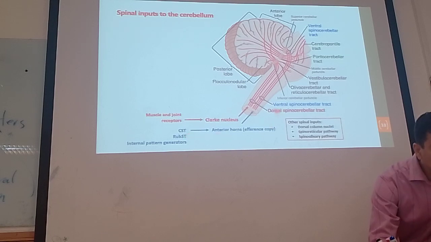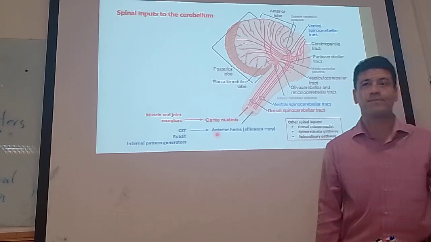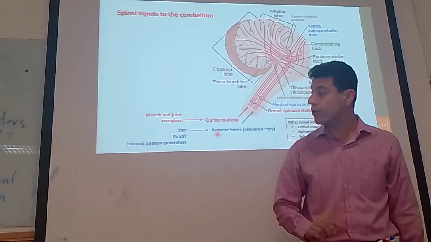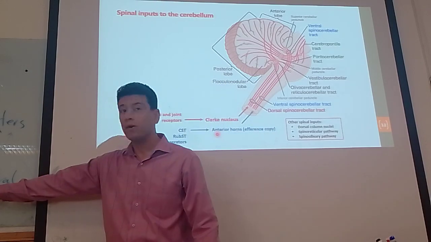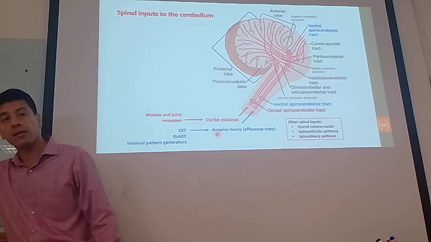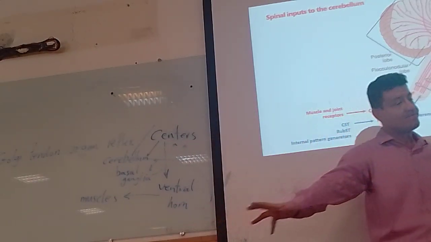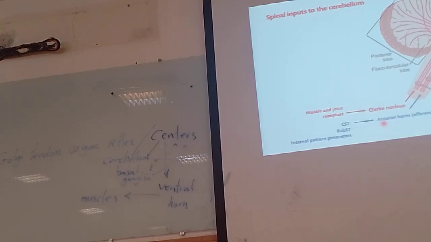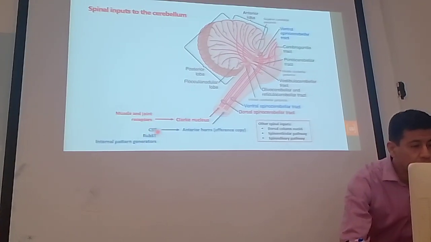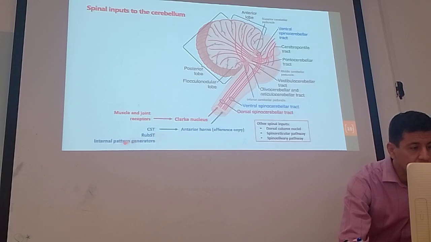And we have also the ventral spinocerebellar tract, right? It actually receives information from the anterior horn. So the ventral horn is connected to the muscles. So you know that fibers come from the corticospinal tract, supraspinal tracts, and also internal pattern generators to the anterior horn neurons.